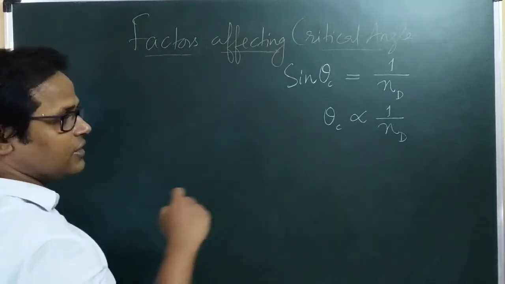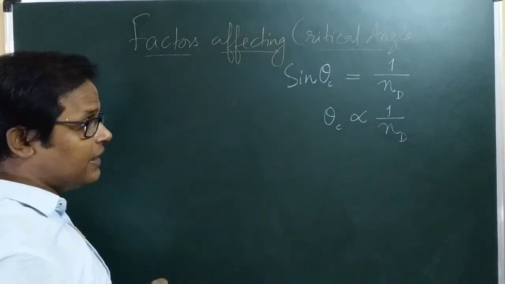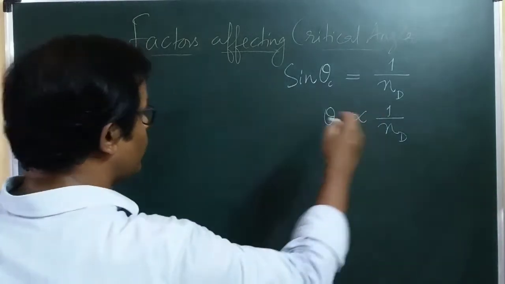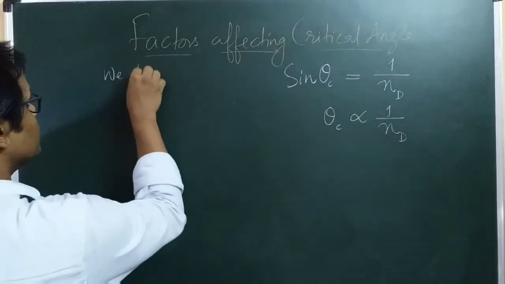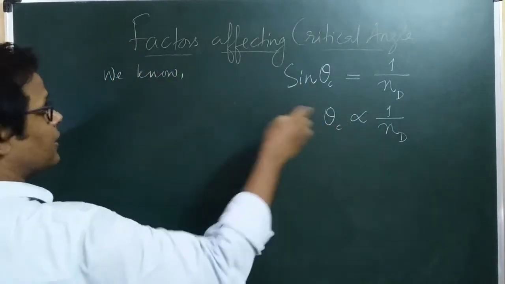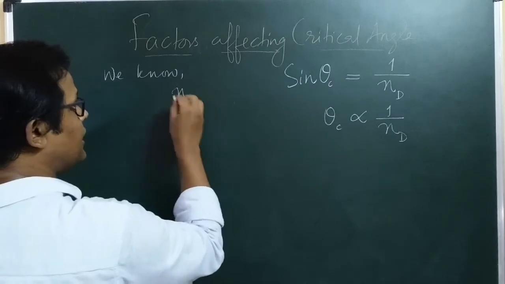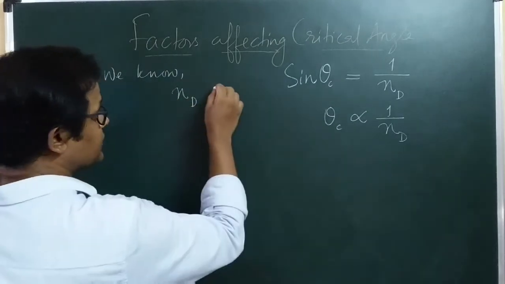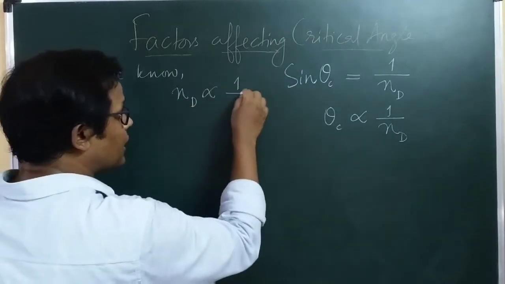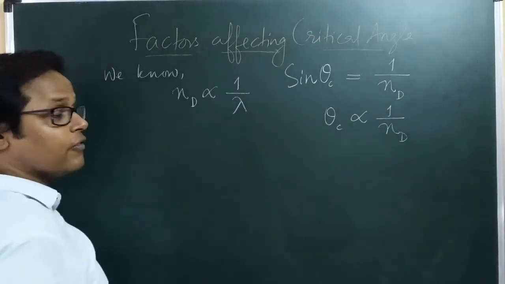If this is inversely proportional to the refractive index of the denser medium, we also know that the refractive index of a medium is inversely proportional to the wavelength of light, the color of light.